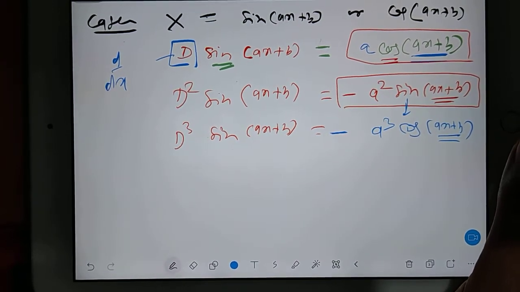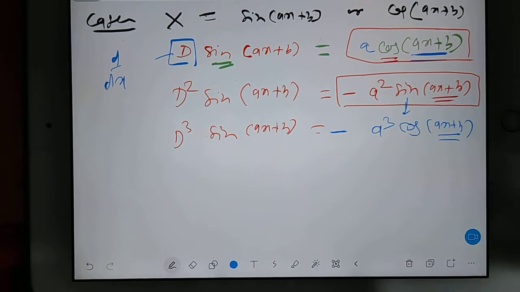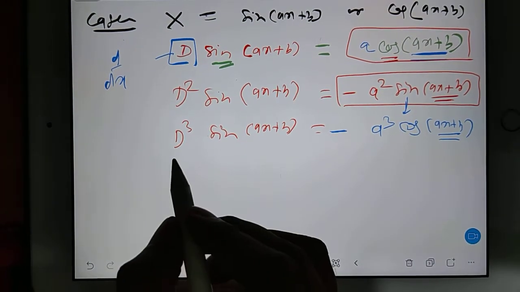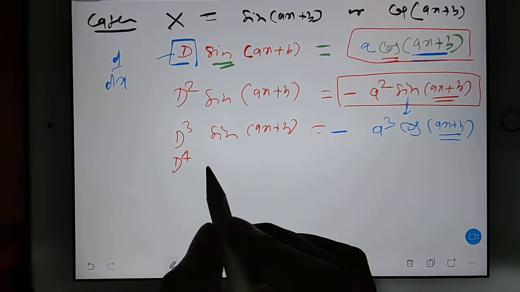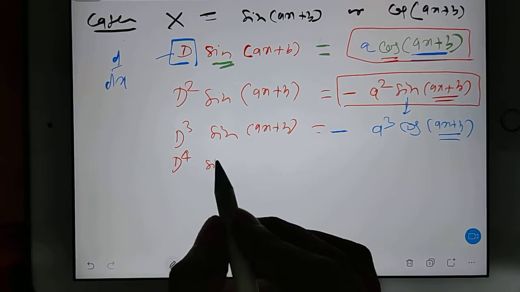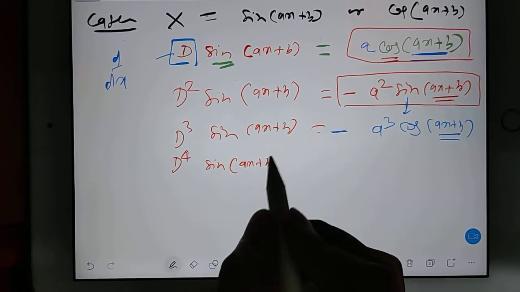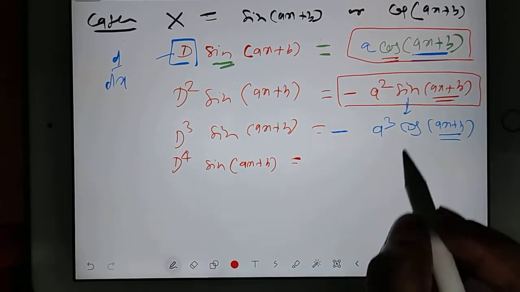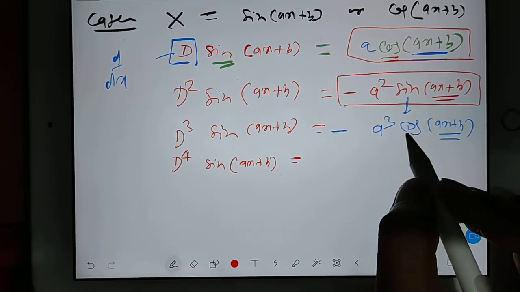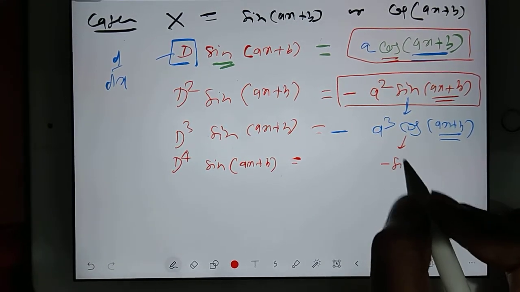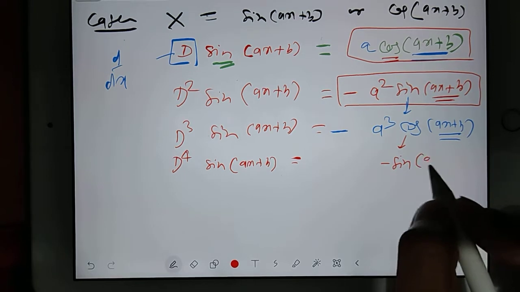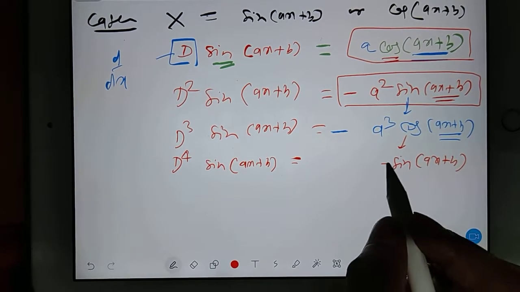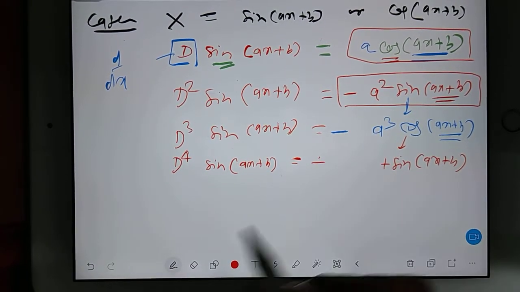Okay, so here actually I am trying to explain something. Just go for d power 4 one more time. Suppose you are writing ax plus b here. So this d power 4 means differentiate this one more time. So when cos you differentiate, you will be getting minus sine ax plus b, and this minus, already one minus is here, right?